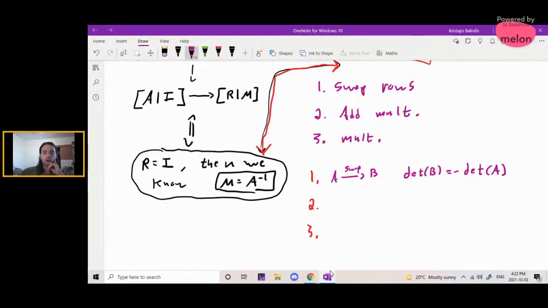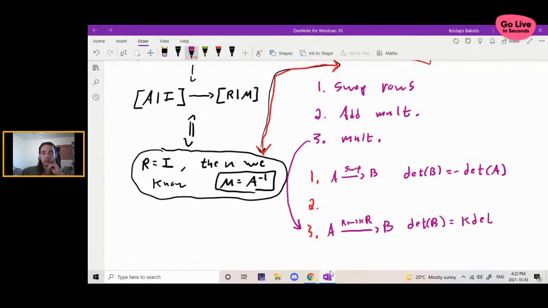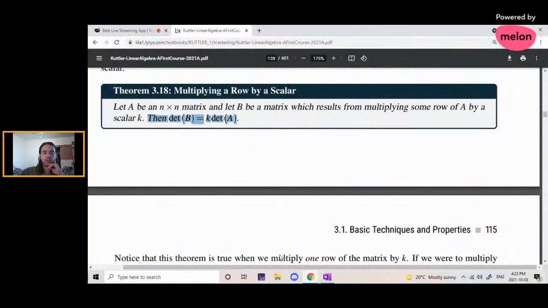So this is what I had written in my list as part 3. If we take some row, and that row becomes k times that row, and the resulting matrix is B, then the determinant of B is simply equal to k times the determinant of A.